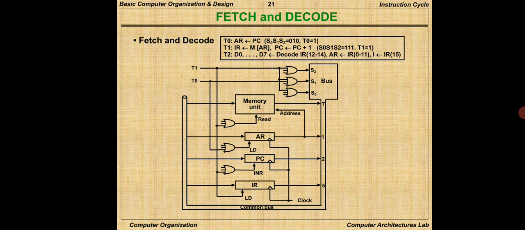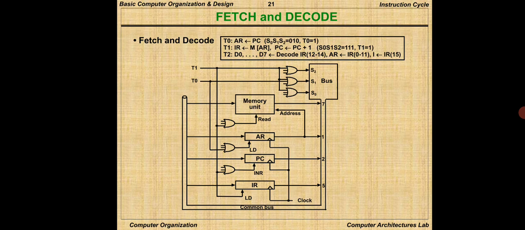To fetch the instruction, first I load the program counter into the address register. The program counter holds the address of the next instruction to be fetched, and that value is loaded into the address register.